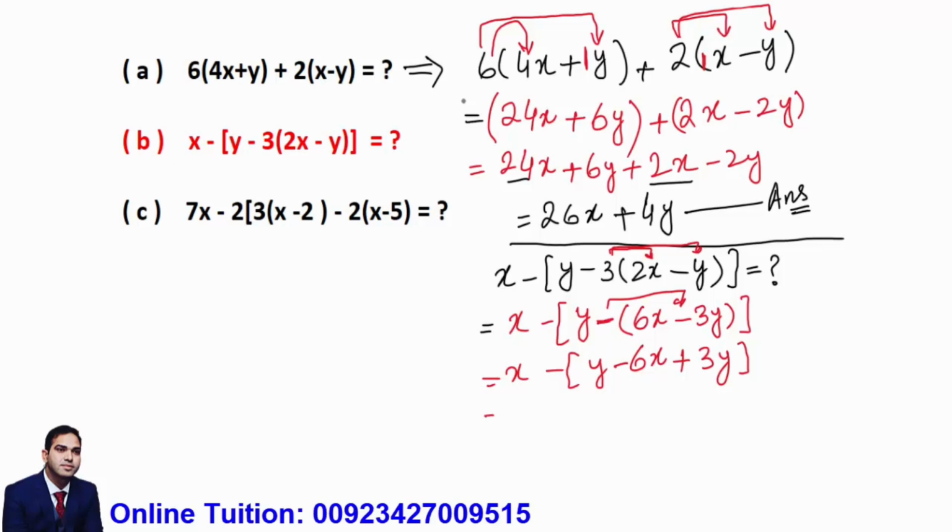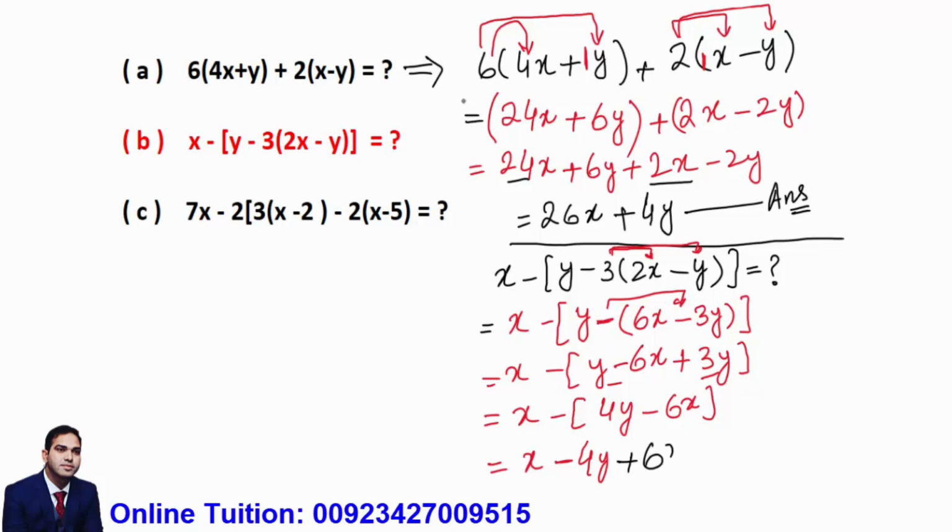Now x negative, this is 3y, this is y, this is positive, this is also positive, it will be 4y negative 6x. Okay, now this is x and this is negative. When negative multiplies the bracket, all the signs are changed, so positive x, 4y will be negative 4y, and after that this negative 6x will be plus 6x.